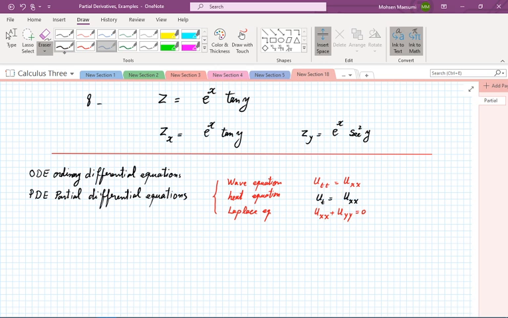Let's, for example, pick problem 99 in your textbook. It says, let's look at the following: z is equal to sine of (x minus ct).